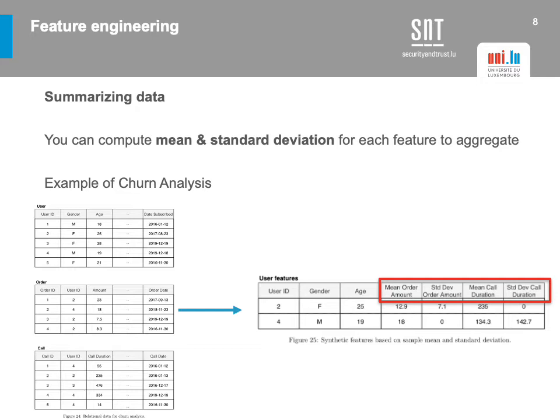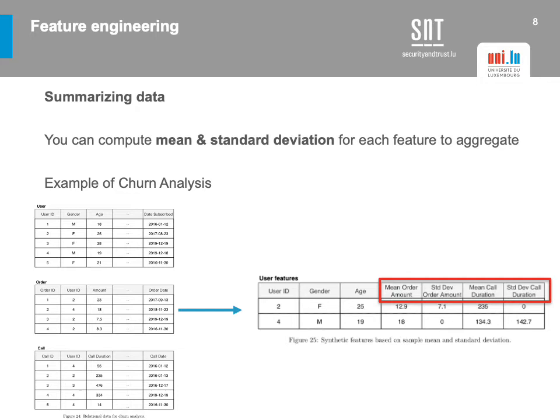Here we have kind of an issue, because the example is a client. We want to predict whether a client today will, for example, cancel the subscription in the next month. But if we look at the history of clients, at the purchases they did, we will probably have a lot of purchases for each client.